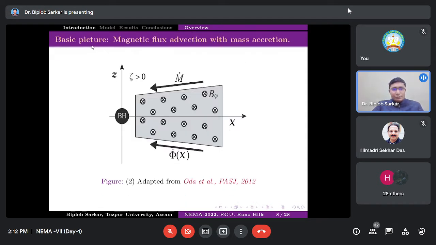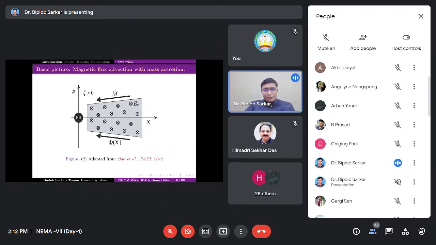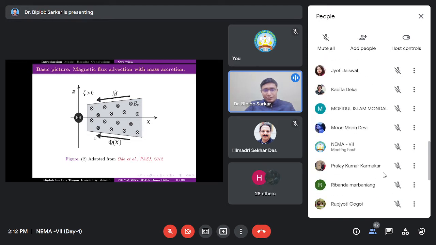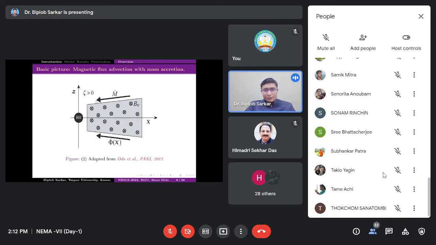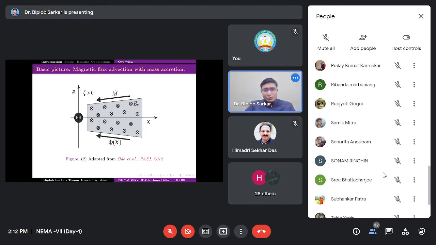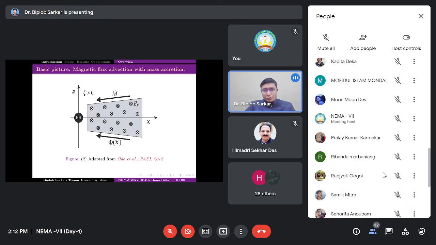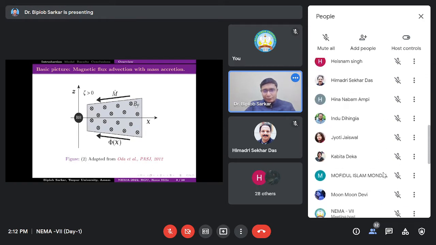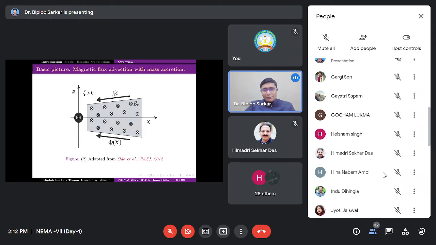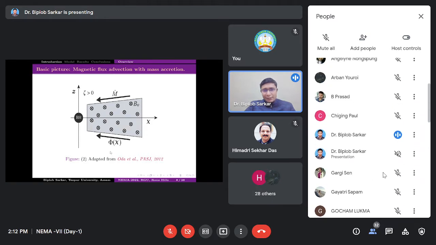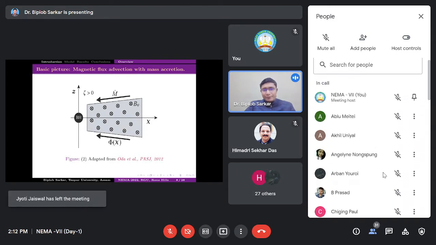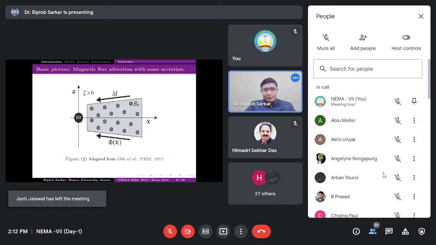Here I have shown the basic picture of magnetic flux advection with mass accretion rate in the accretion flow. This picture, figure 2, shows the vertical cross section of the accretion disk which is threaded with toroidal magnetic fields B phi. M dot here represents the mass accretion rate, and phi dot represents the magnetic flux advection rate.